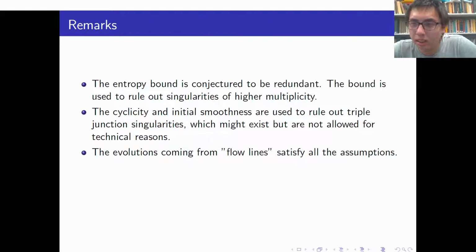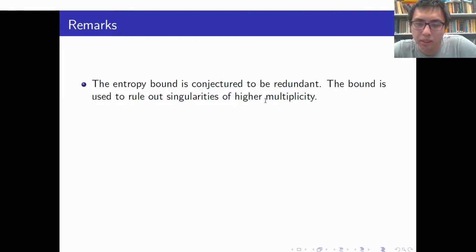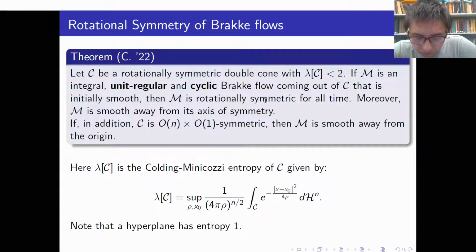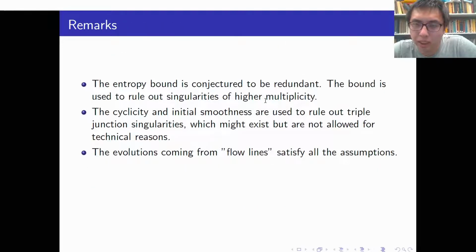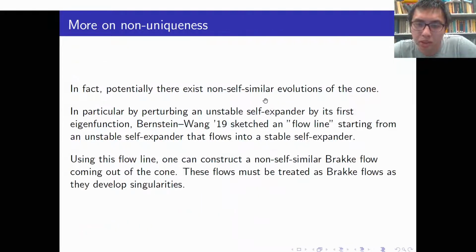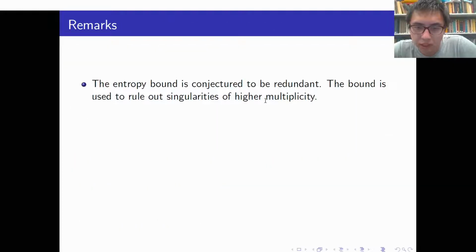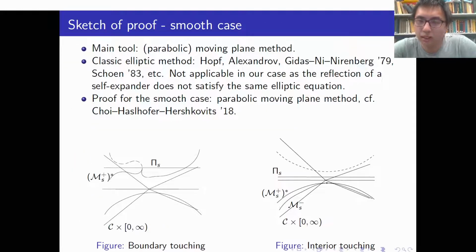Knowing this maximum principle of brachy flows and this substitute Hopf lemma for non-smooth brachy flows, we get the same two pictures, except here not only graphicality and symmetry but also smoothness and regularity are upgraded from infinity to the interior.